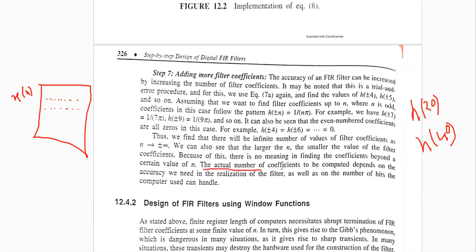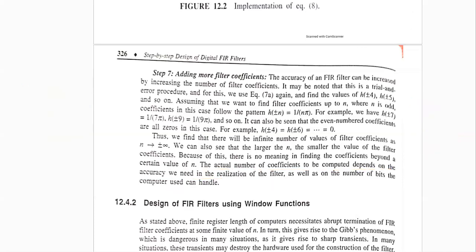The actual number of the coefficients to be computed depends on the accuracy we need in the realization of the filter, as well as on the number of bits the computer used can handle. If you increase the coefficients, at some point it may happen that your computer is not workable.